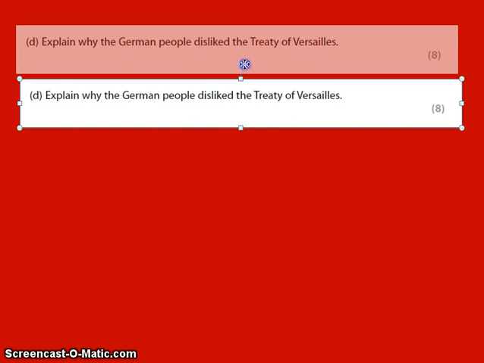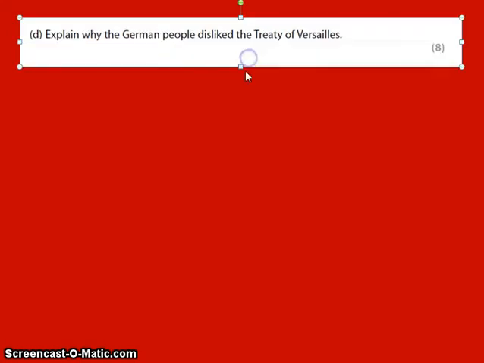Okay, so to demonstrate how we would answer this question, I'm actually going to answer the Treaty of Versailles question, which is: explain why the people of Germany disliked the Treaty of Versailles. So just like we did with the key features question, we're first of all going to think about the 2 points that we'd like to make, because to get 8 marks we need to explain 2 things and try to show how they're linked.